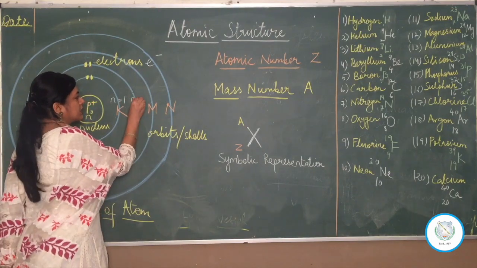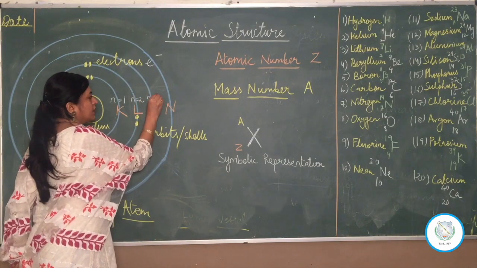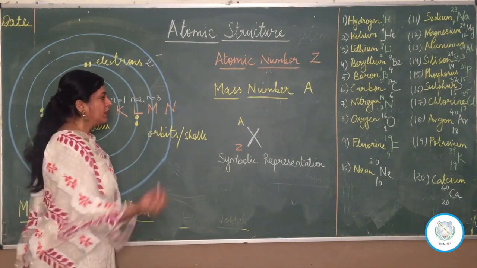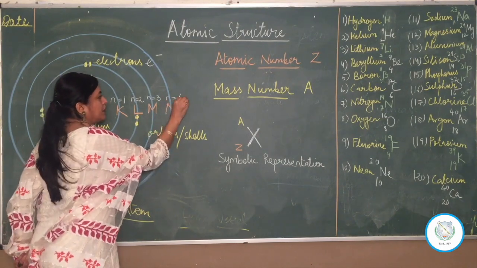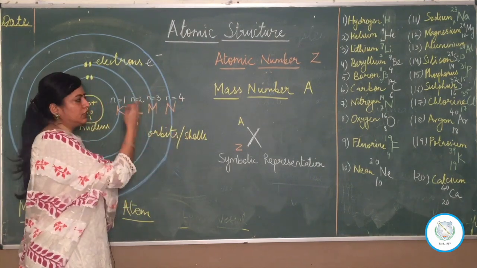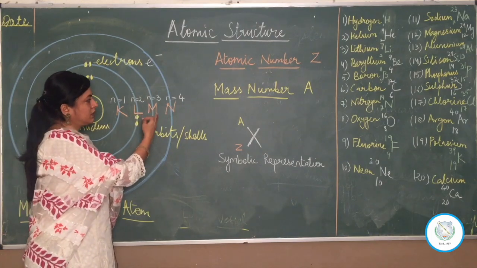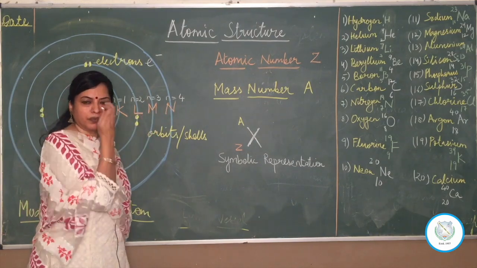L shell is given the shell number 2. M is given the shell number 3 and N is given the number 4. So as we move away from the nucleus, the number increases. K is 1, L is 2, M is 3 and N is 4.